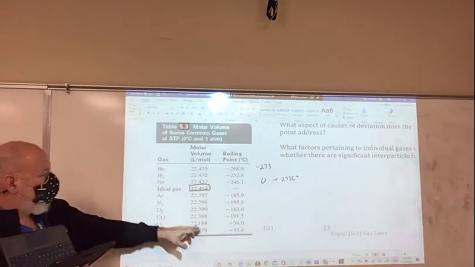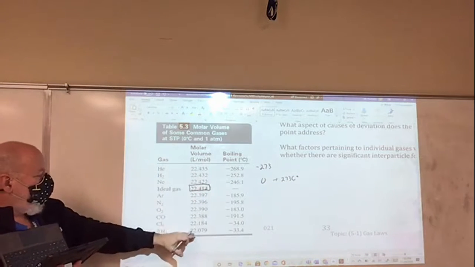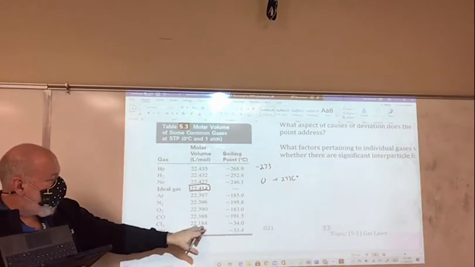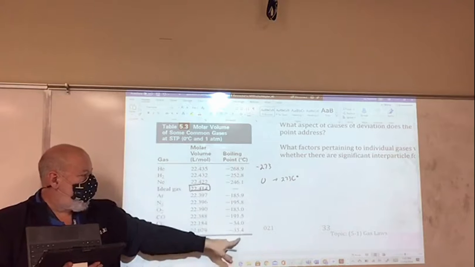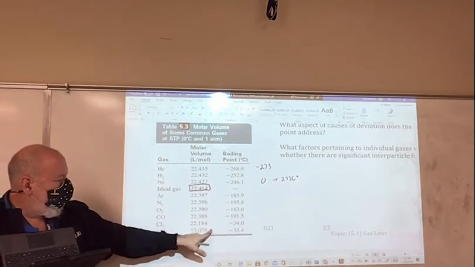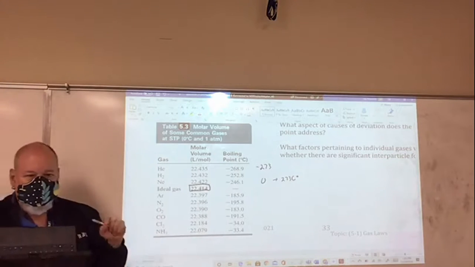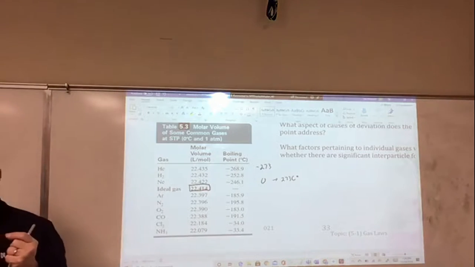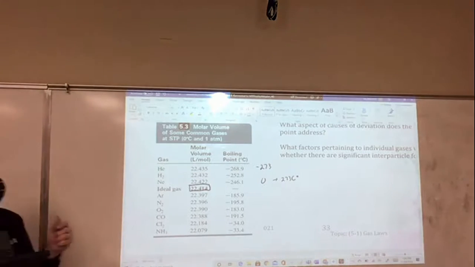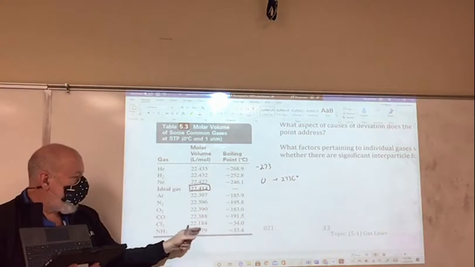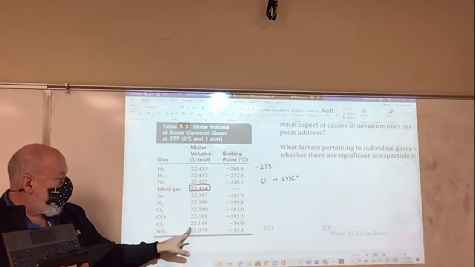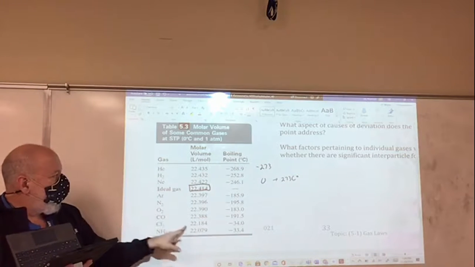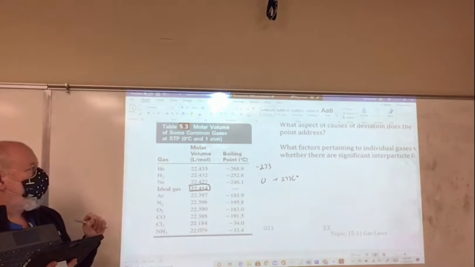So see how this relates to the molar volume. The stronger the interparticle forces, as indicated by the boiling point, the lower the standard molar volume. Okay? That makes sense, right? Because these things have greater interparticle forces, they're not going to have as great a volume at standard temperature and pressure.